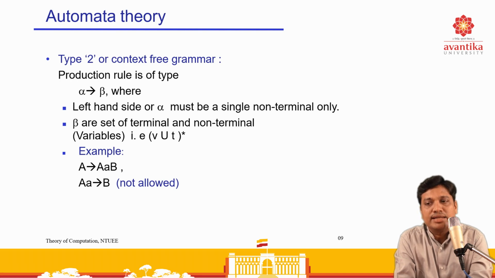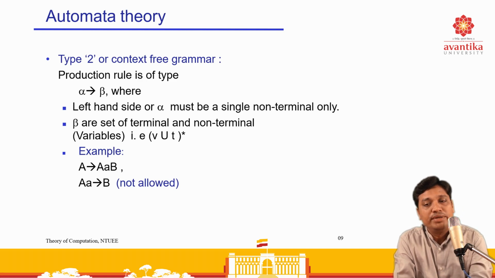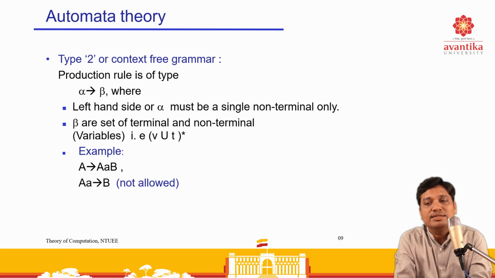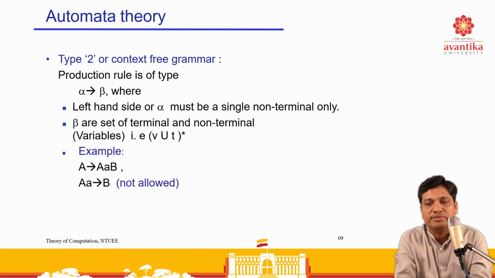In syntax analysis, we use context-free grammar for generating a particular grammar or production. In context-free grammar, the production rule is of the type alpha tends to beta. The left-hand side, alpha, must be a single non-terminal only. That is the essential condition. And beta is a set of terminals or non-terminals, that is variables.